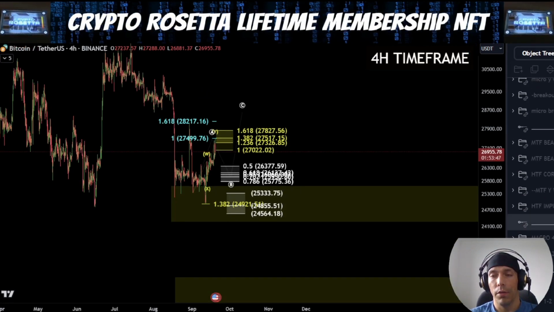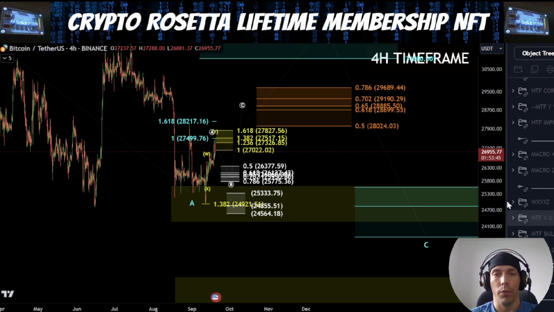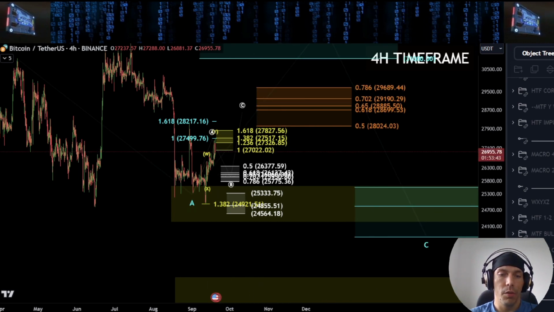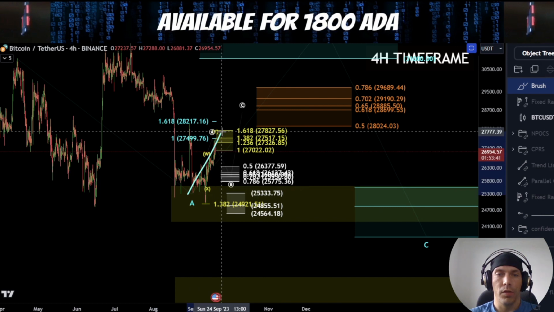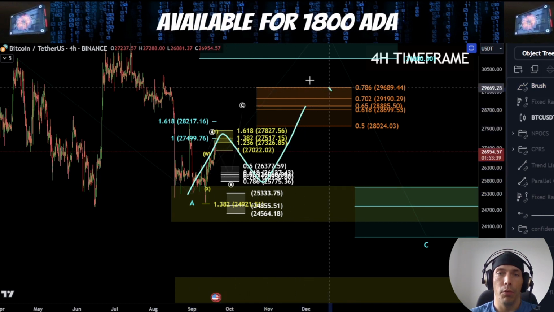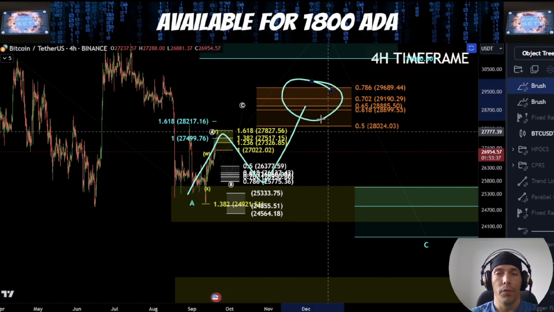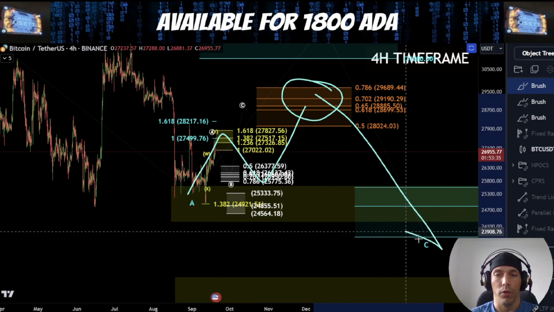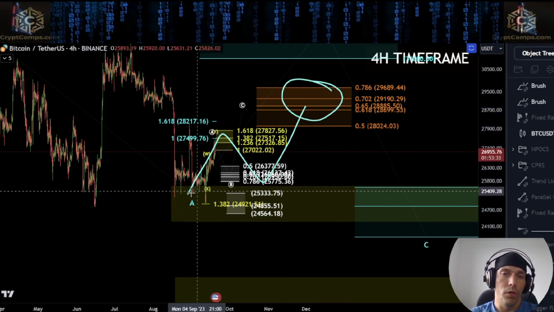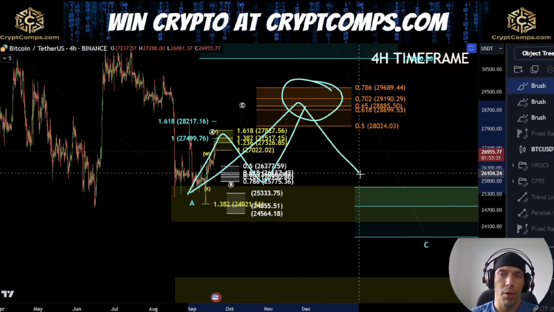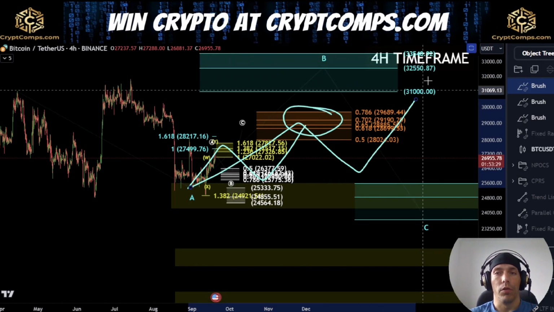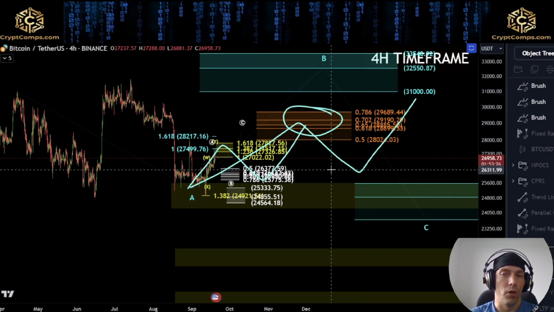So because of that, we need to just be on the lookout for something like this, where we could still see price look to complete this A wave, this B wave, bigger push up into this target box for a C wave, and then look for that continuation from that point. Or alternatively, we could get this as an A, we get B, and then we see continuation up, looking for this higher target level as well.